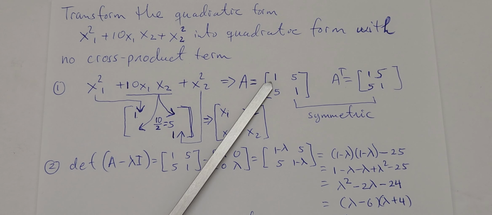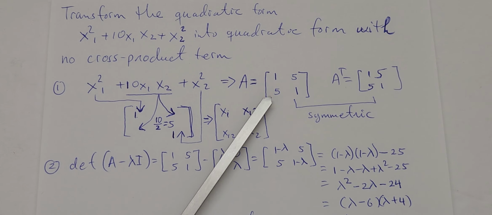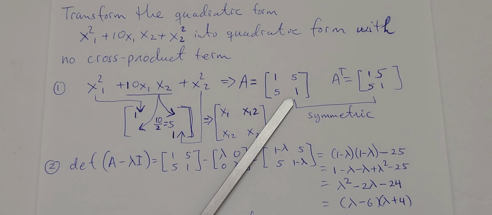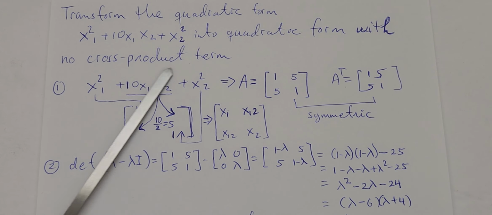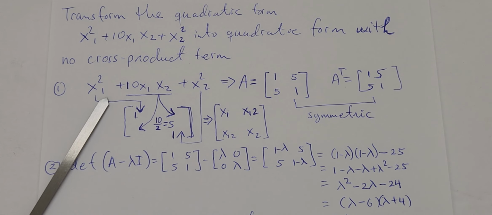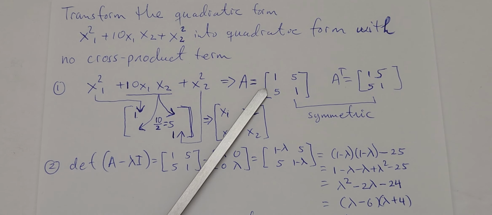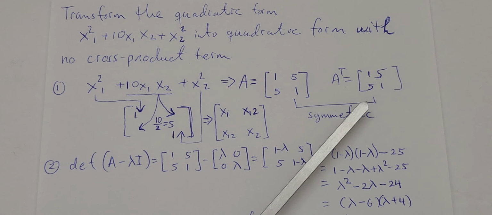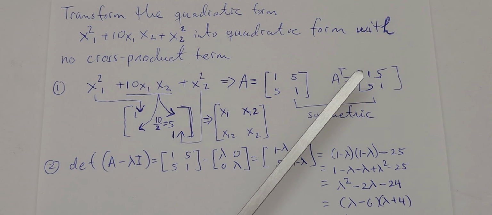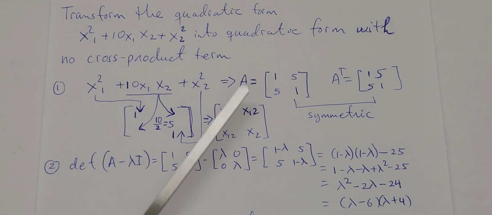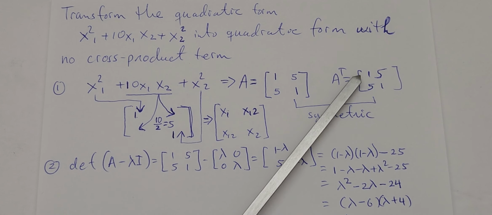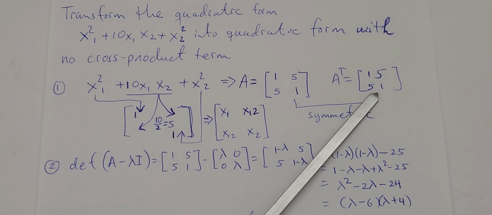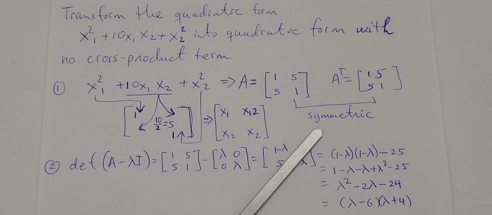Okay, so first spot, second, third, and fourth. Again, this equation is rewritten into this matrix 1, 5, 5, 1. And if we transpose this, it becomes 1, 5, 5, 1 again. So column to row, column to row, and they are symmetric.